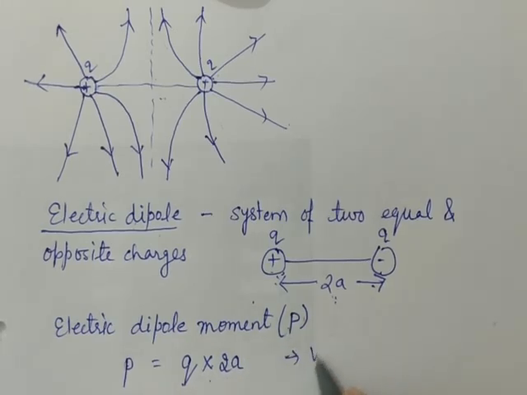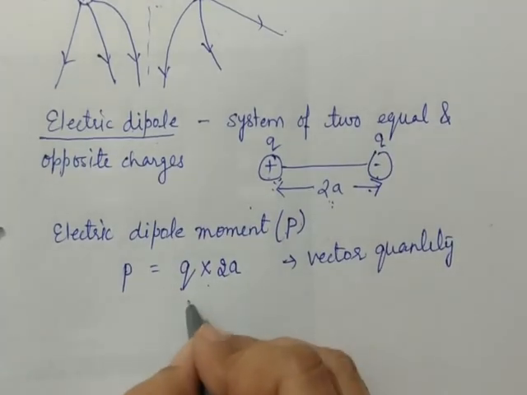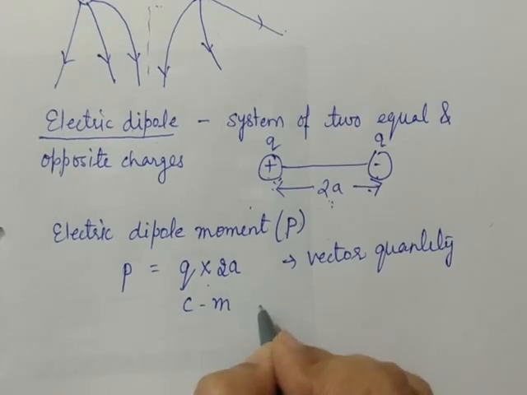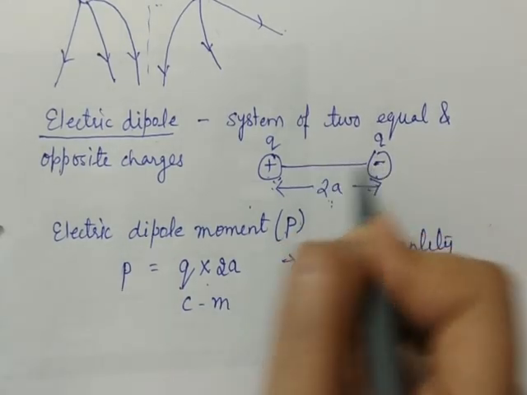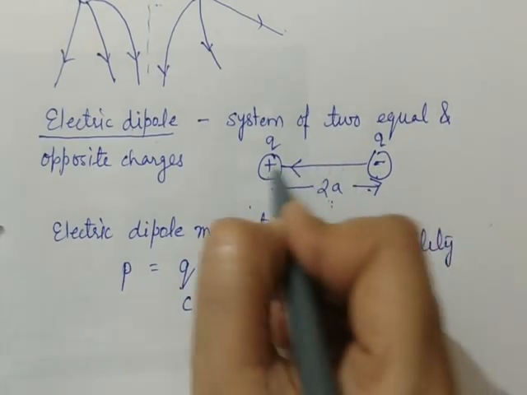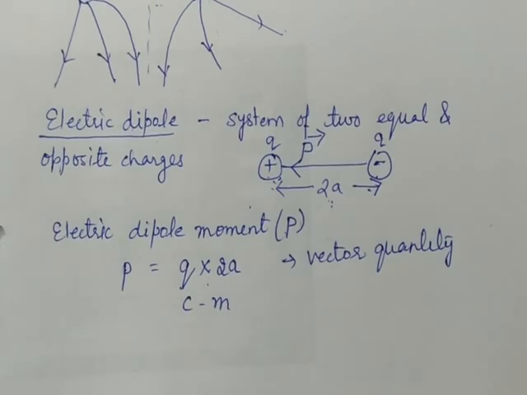Electric dipole moment is a vector quantity. Its unit is coulomb meter, and because it is a vector quantity, its direction is from the negative charge to the positive charge. It is always directed negative to positive charge.